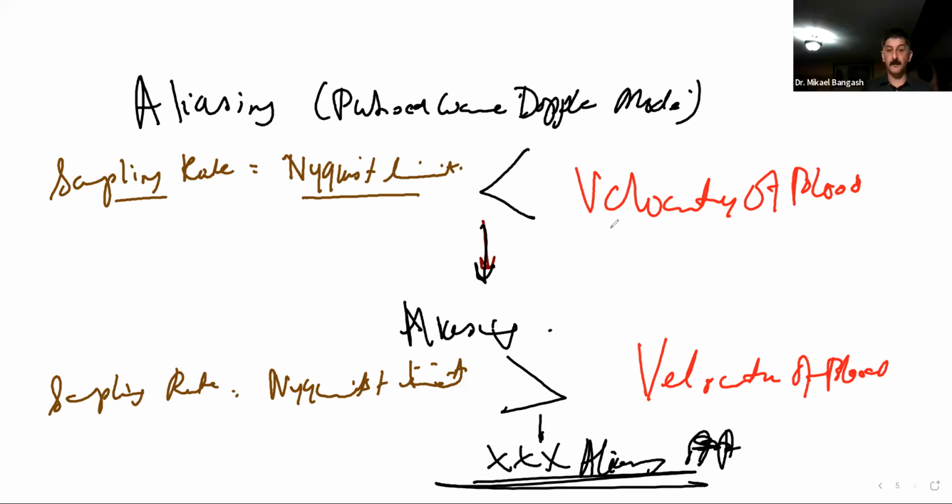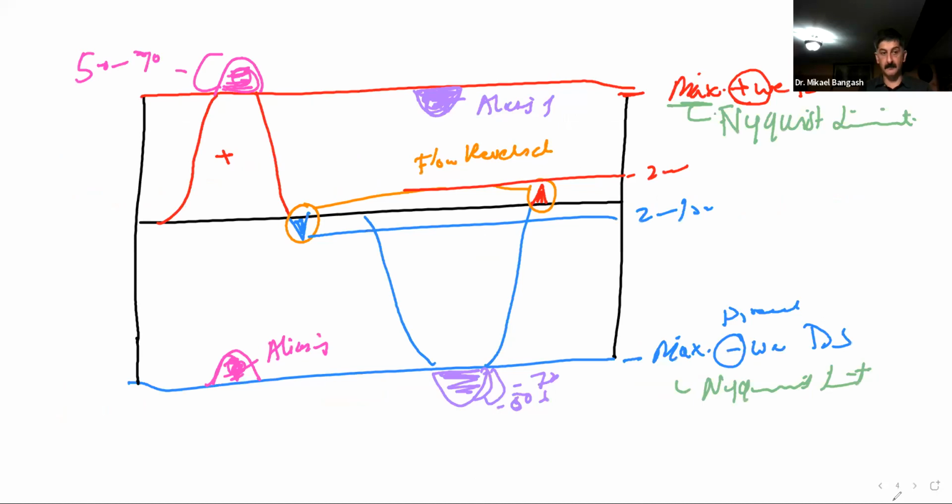So if the velocity of blood is greater than your Nyquist limit, that will lead to aliasing. Whereas on the other hand, if the Nyquist limit is greater than the velocity of blood, you will not have aliasing. Just look at it in this way, my dear.